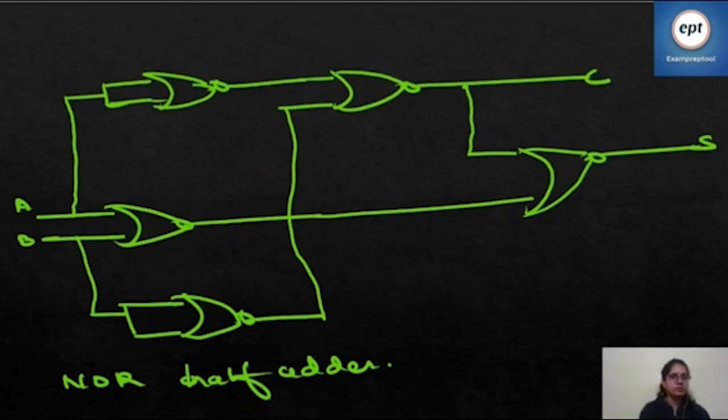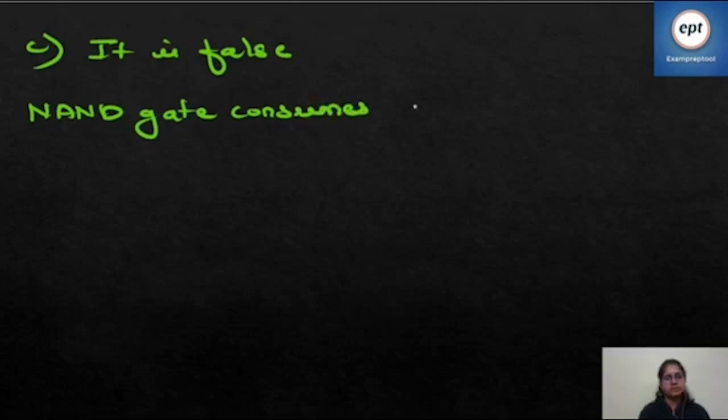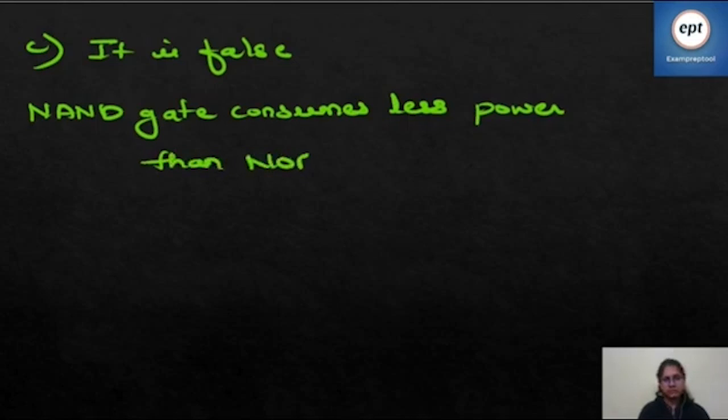Now let's see option C. Option C says that NOR gate is preferable to NAND gate because it consumes less power. But the real explanation is that it is false, because NAND gate consumes less power than NOR gate.